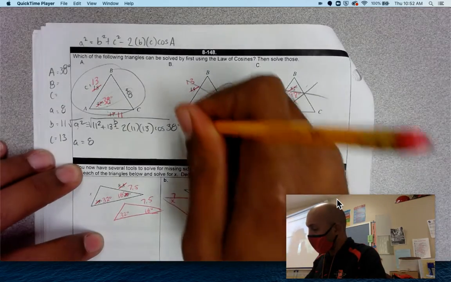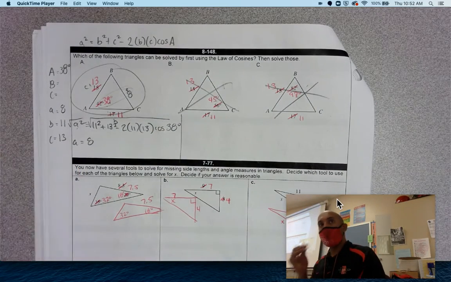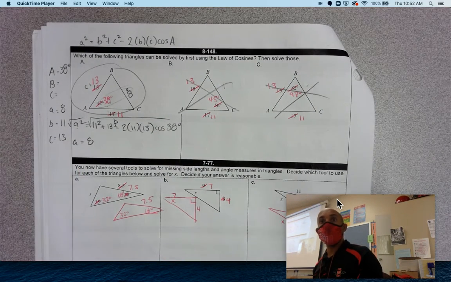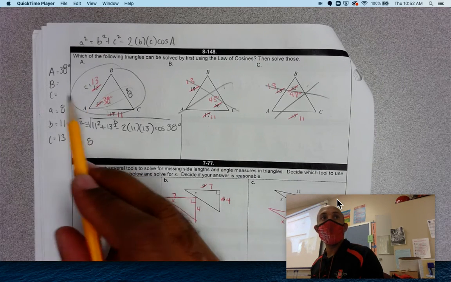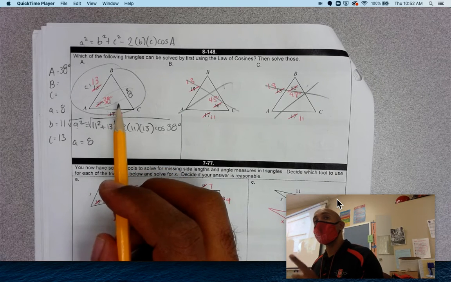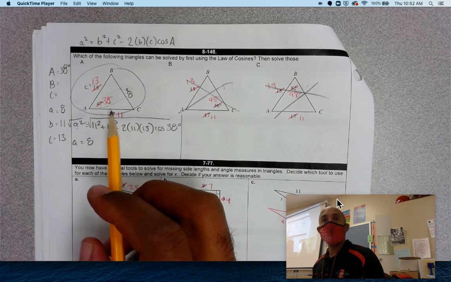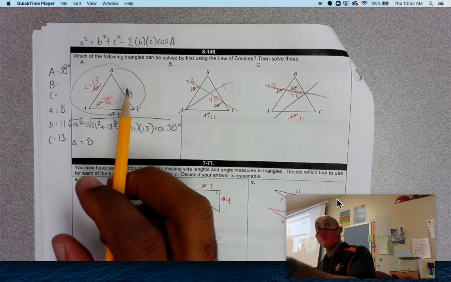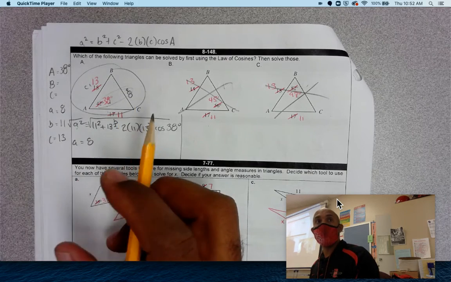Okay, so now I've got to decide, do I use law of cosines or something else to figure out the next side? Or angle, actually. We're looking for angles now. Well, usually once you use law of cosines once, you're able to use law of sines after that. So let's see if we can find an angle side pair.